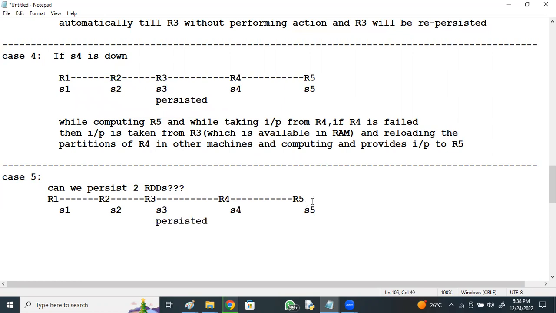R1, R2, R3, R4, R5, R6. R3 persisted, R5 also persisted.